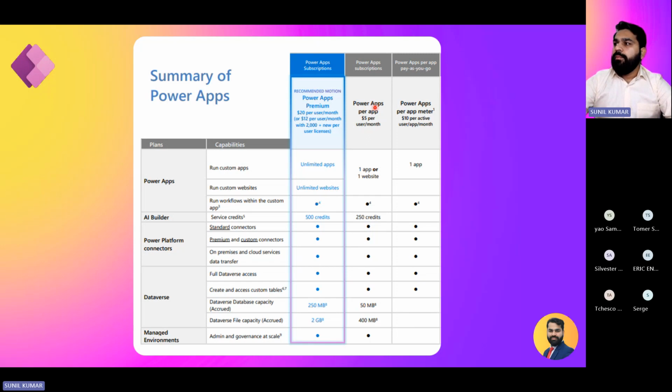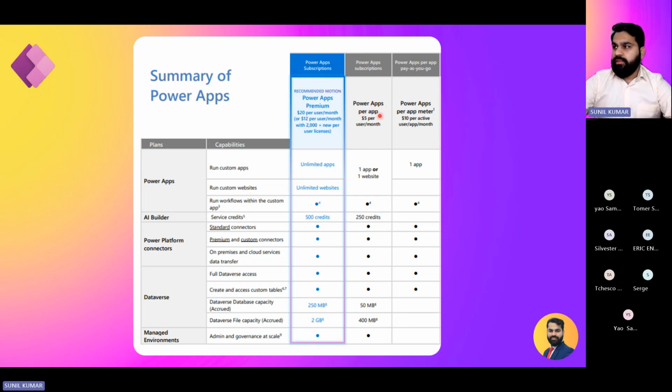Second one is Power Apps per app license. So now this specifically gives access to only one particular application. We'll talk about the capabilities, what all is included within these different types of subscriptions. Right now, I'm sharing at a very high level that Power Apps per app, as the name suggests, gives access to one particular application to any user whom this is assigned to.